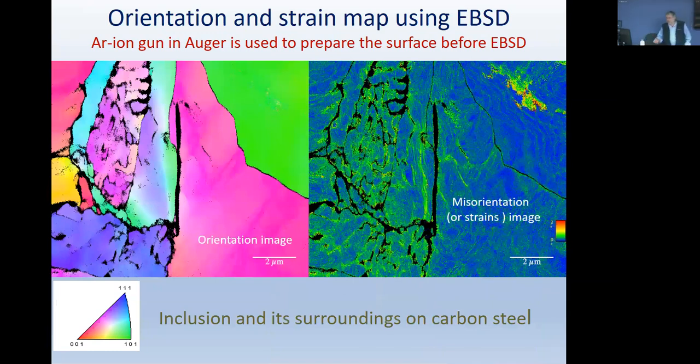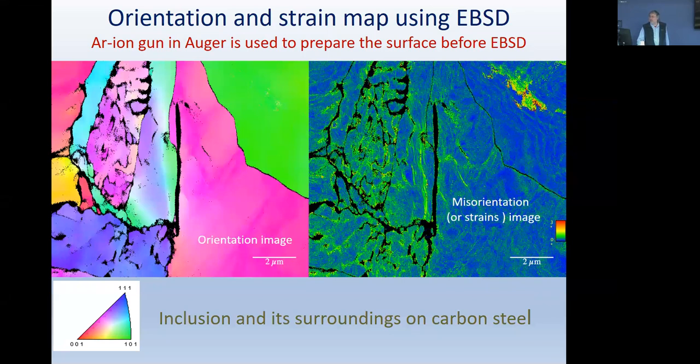It's incredible, actually. You can do orientation images of this manganese sulfide inclusion that I've been talking about. I cut and polished it in the parallel direction. So here you have various orientations on this carbon steel. But you can generate a misorientation image map.